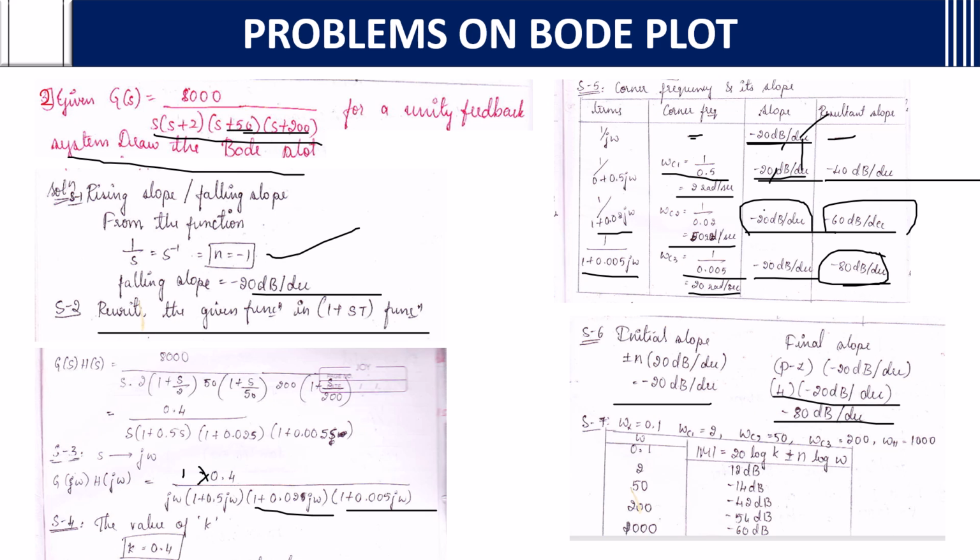Or else you can even find it using the formula, and you will get the same. After that, you will get the corner frequencies, and from that you can write the magnitude plot values.